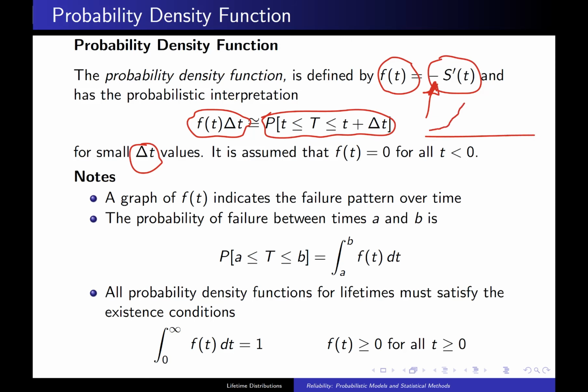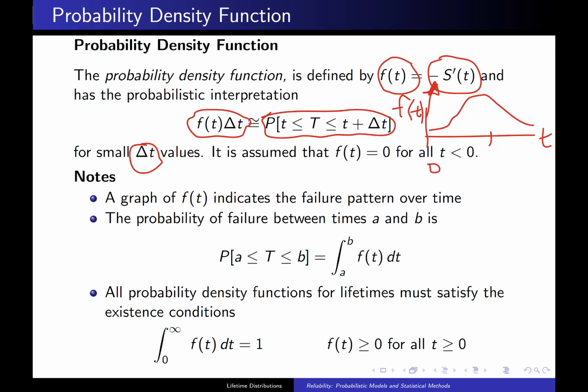So if you have some probability density function, and in fact, let's start this here at time 0, and this is time, and this is f of t on this axis.